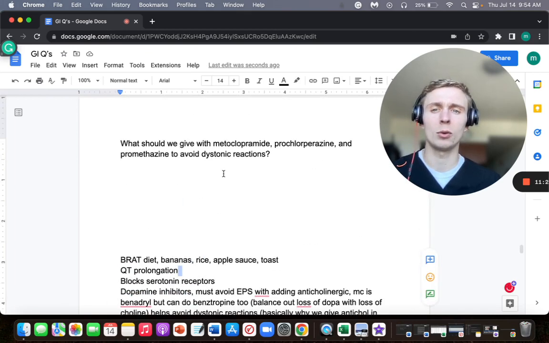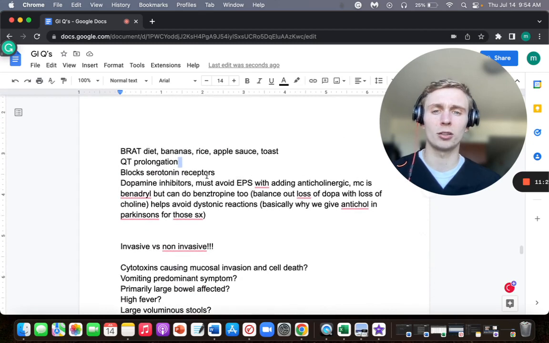And what we have to know about this to avoid extrapyramidal symptoms and dystonic reactions is adding an anticholinergic. See, when we're blocking the dopamine, we're decreasing the dopamine, and we need to keep a balance between dopamine and acetylcholine. So if we're inhibiting the dopamine, just like in Parkinson's disease, we need to also add an anticholinergic to bring that down as well, else we're going to have those dystonic symptoms, the movement disorders, the tremor, the lip smacking, or anything like that.